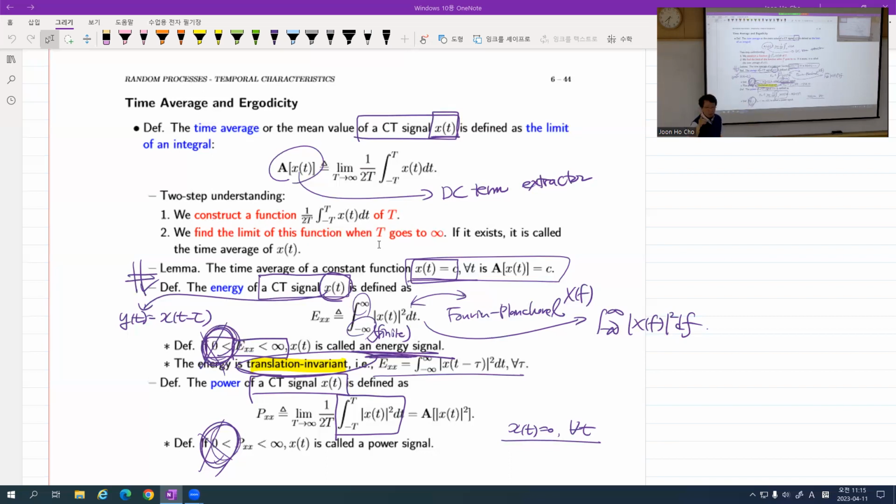For example, suppose f of capital T turns out to be 1 over capital T. Then what is the time average in that case? By this definition, it's 0, right? Because as T tends to infinity, it converges to 0. So even though an individual integral may not be 0, sometimes your average can be 0. So this is a function of T, and this is, if it converges, a constant, right? So you have a real function of T, and you consider the limit of it.